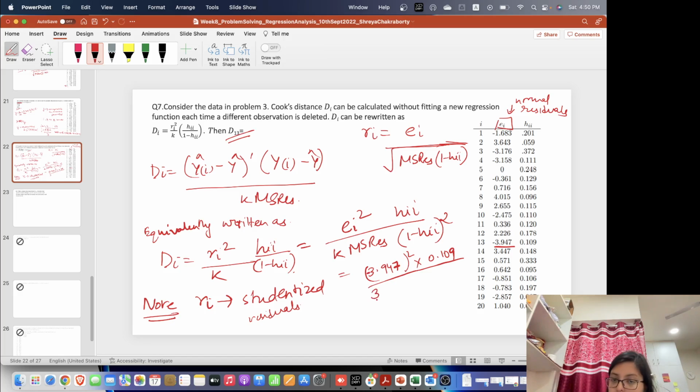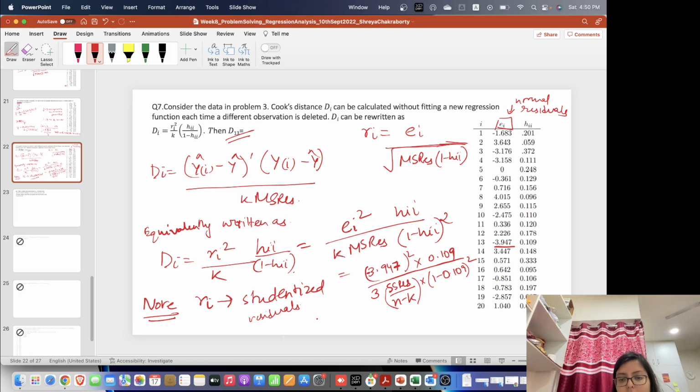K is 3. MS residual will be SS residuals by N minus K, and into 1 minus 0.109 whole square.